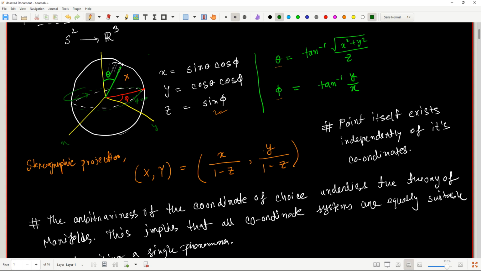Because if you start from this point, you are going from one value over here to another value over here in a smooth manner, or so to say in a continuous manner. But once you reach the end, that means this point over here, your phi value jumps from 2 pi to 0. So there is a discontinuity.